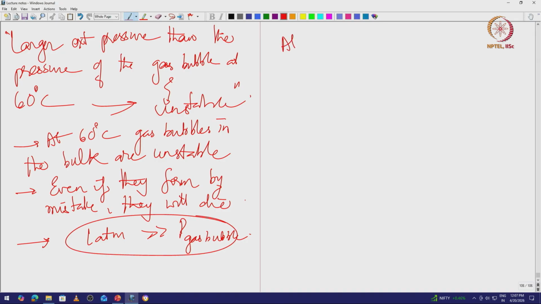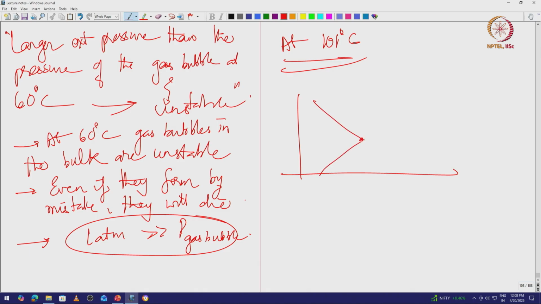Now, at 101 degrees Celsius what happens, right. Or greater than 100, so 100 plus delta, slightly larger than 100, okay. Then, again going back to my phase diagram, this is liquid, this is gas, and this is 1 atmosphere, this is 100 degrees Celsius, right.